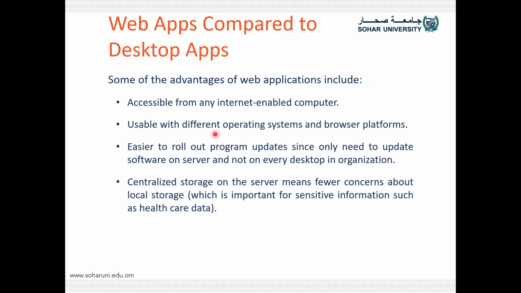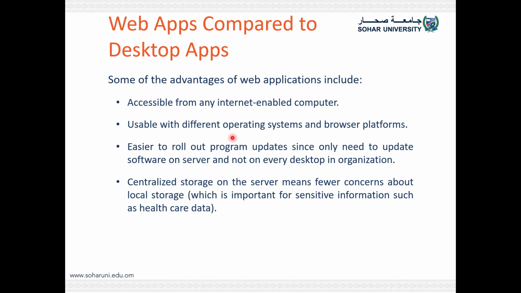Now we have a comparison between a web application and a desktop application. We want to see the advantages and disadvantages of a web application compared to a desktop application. The first advantage is that it is accessible from anywhere, from any computer or device.